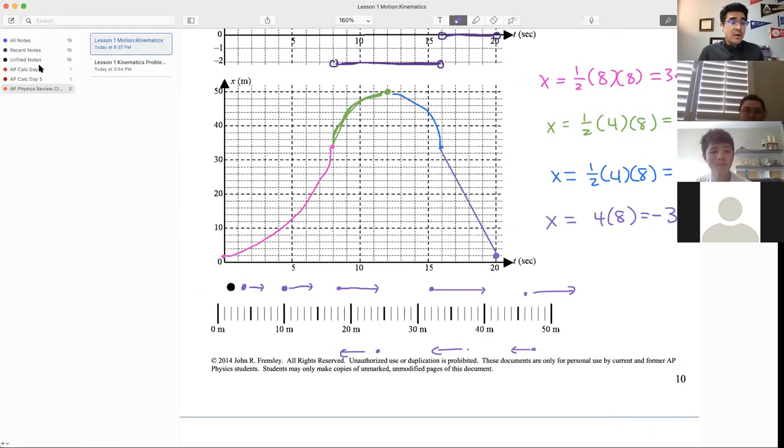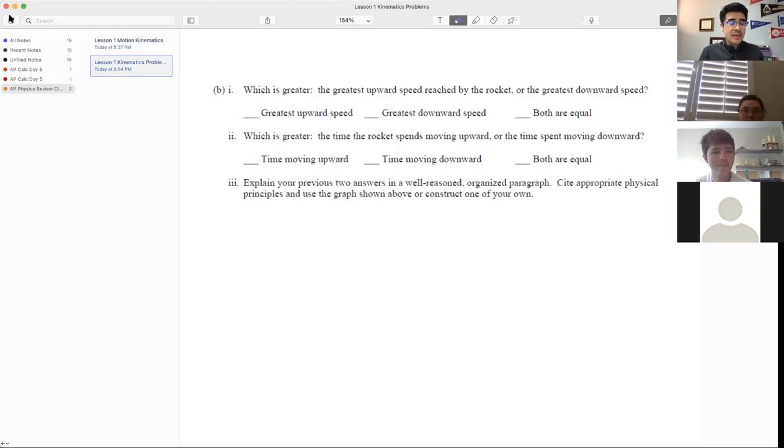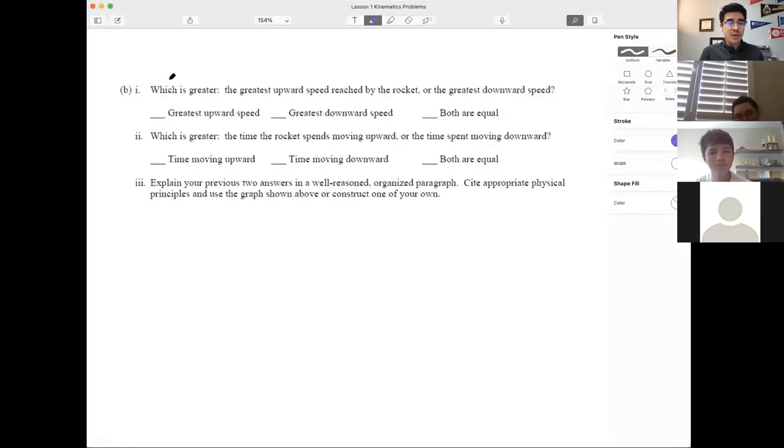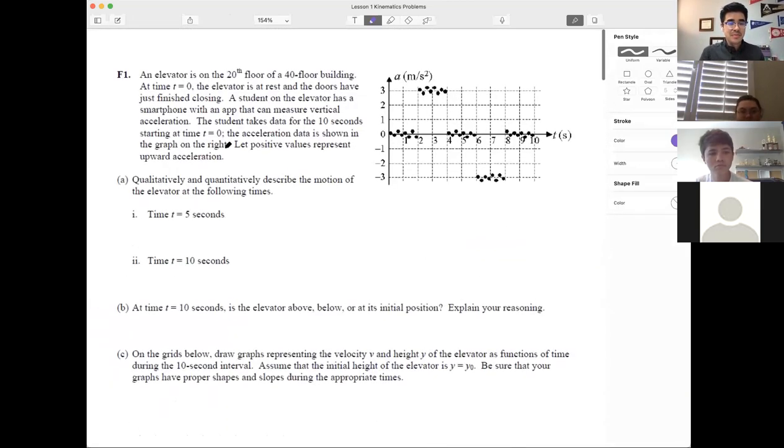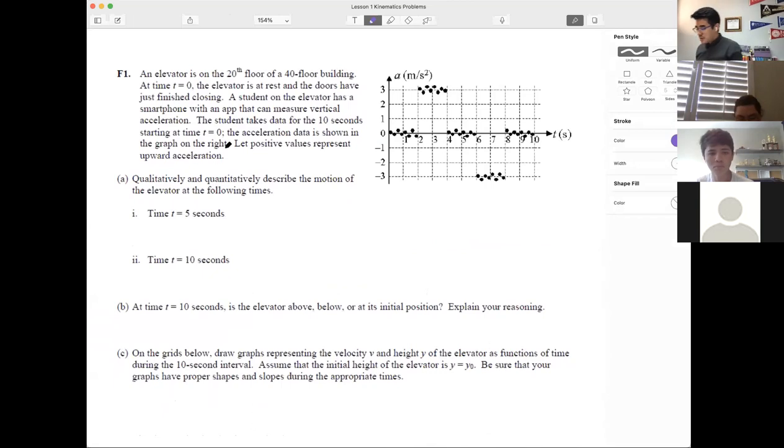So now let's look at some of these actual problems from the AP physics test. This should also be in your emails too, if you want to have a printed version of this. So we have an elevator. It's on the 20th floor of a 40-floor building.